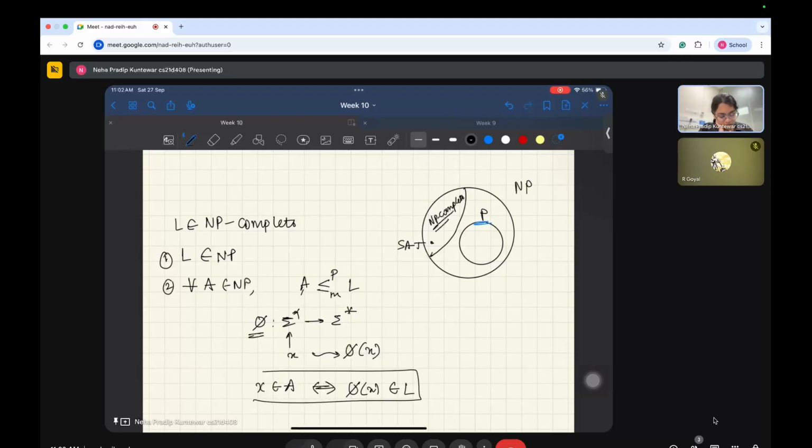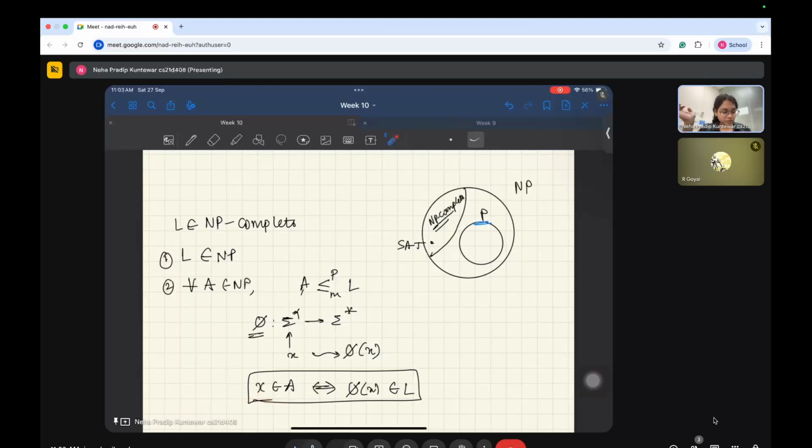This was the kind of reduction where there is some transformation we can do to inputs of A to get inputs of L, solve it for L, and based on that get back our solution for A.